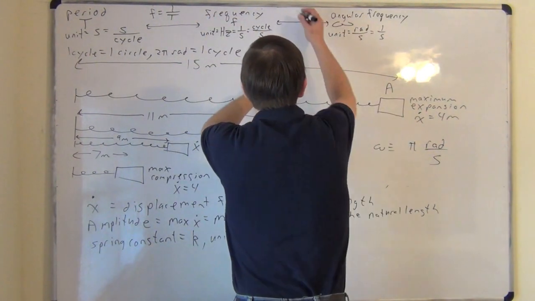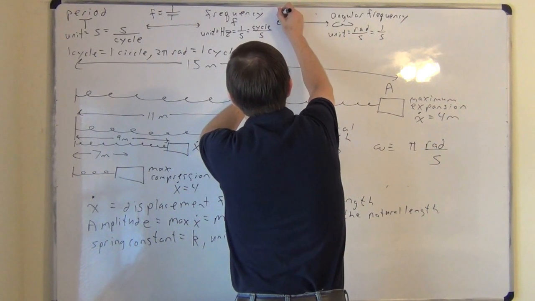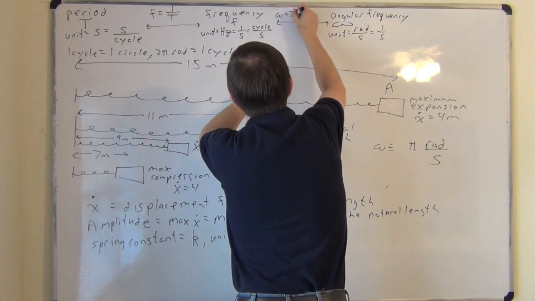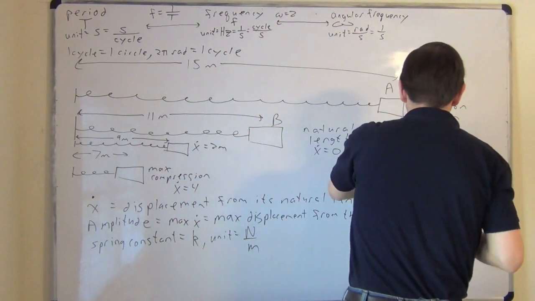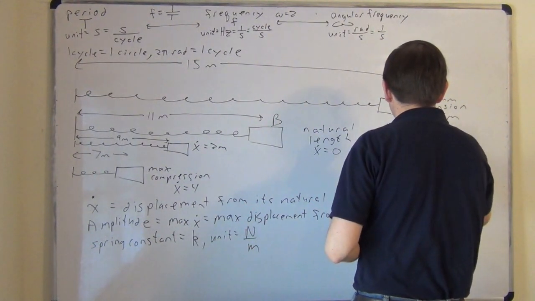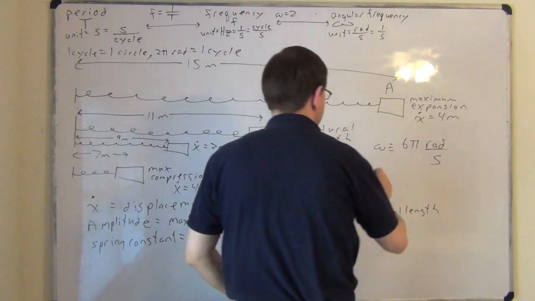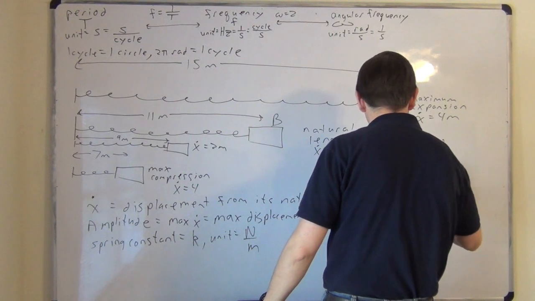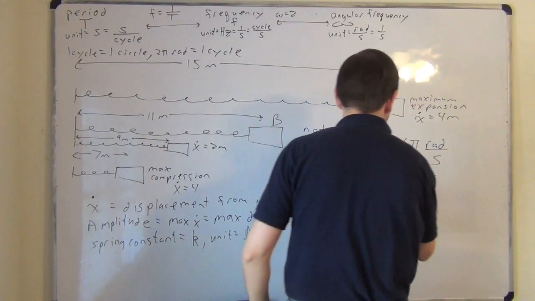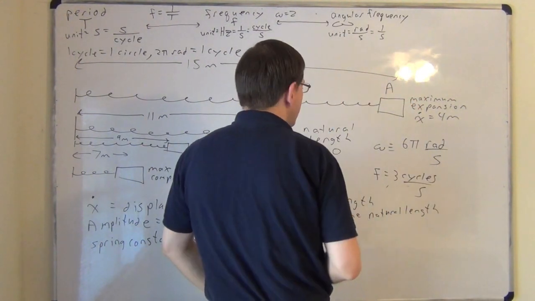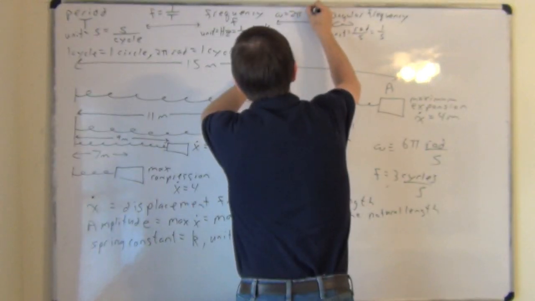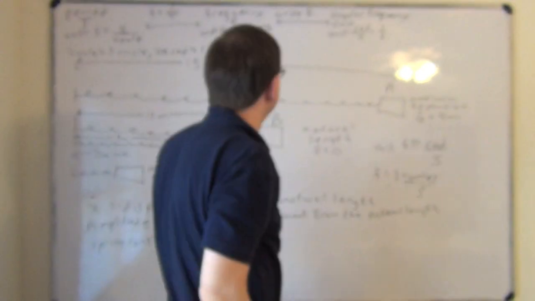Now, let's go back to an easier case. So what does this mean? 3 cycles in 1 second. It tells you that F is 3 cycles per second. So would you agree that we just kind of proved this formula?